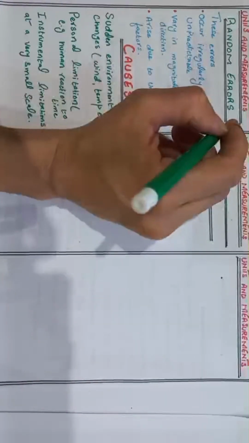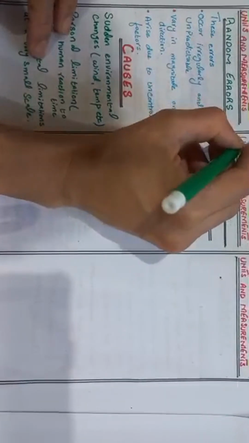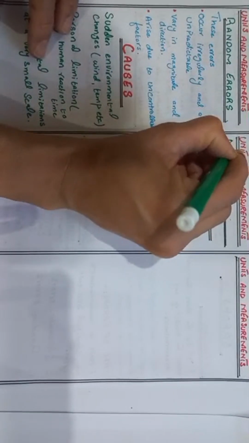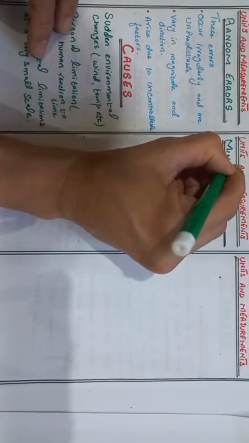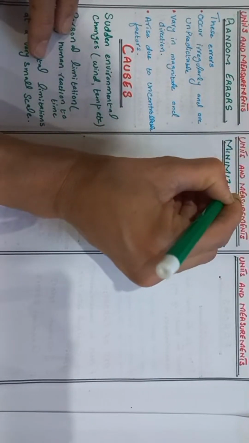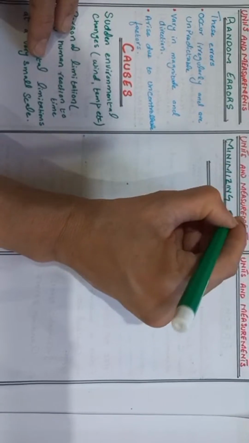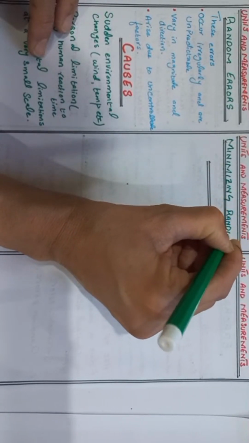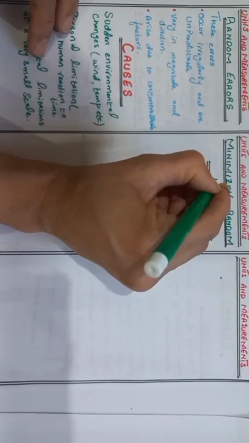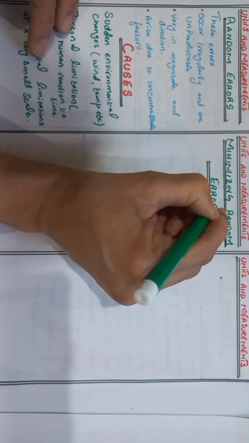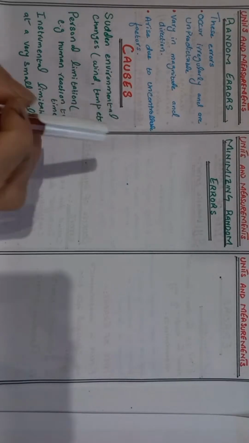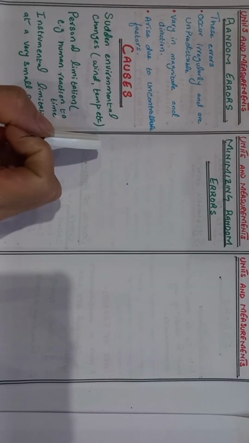Okay, here we write that minimizing random errors: repeat the measurements several times and take the average.